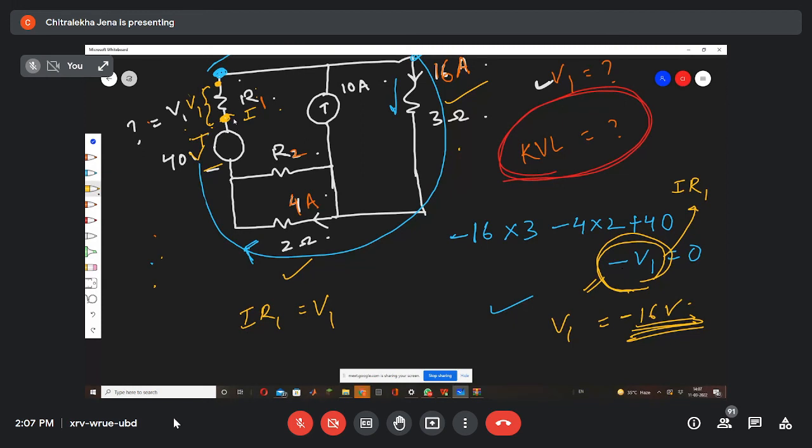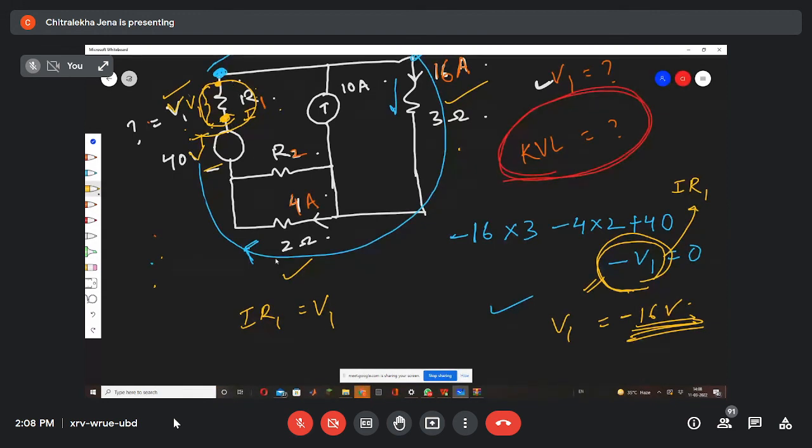So it has given the potential difference across R1 as V1. It has taken that as a variable. Understood? Yes, ma'am. When V1 is written, it is not taking into consideration that V1 is equal to whatever current is flowing.